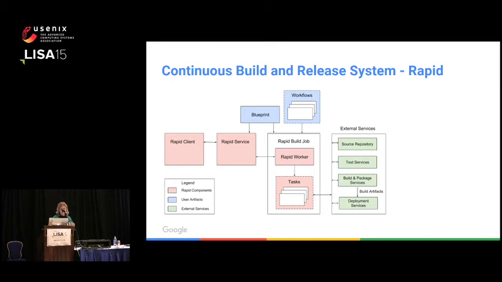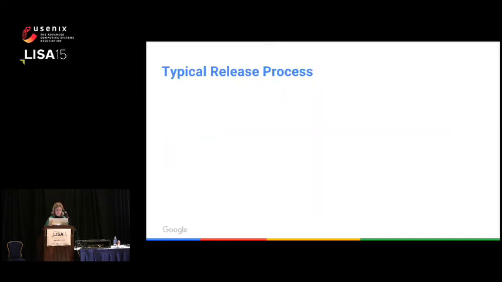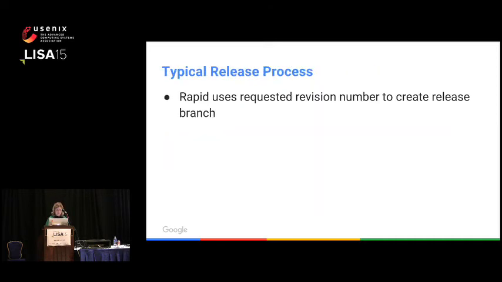And so we have build artifacts. We also have build logs that are stored so that you can go back and see exactly what happened during the build. Let's see if I've covered everything. You request a revision number to say, okay, I'm ready to do a build, and here's the revision number I want you to use.